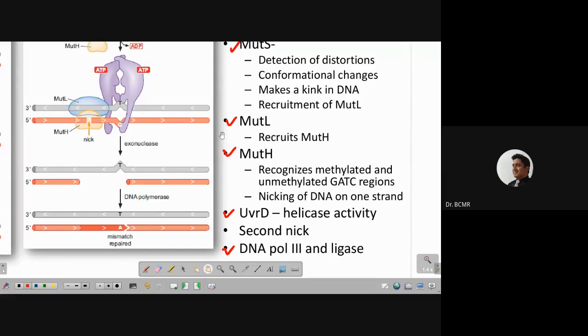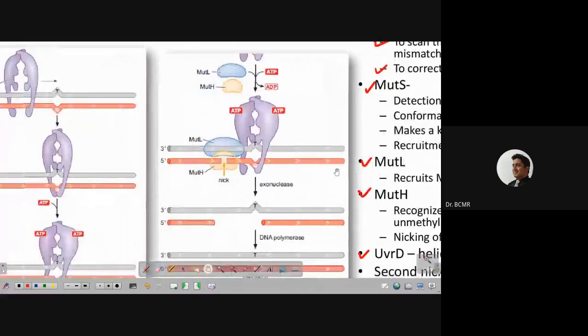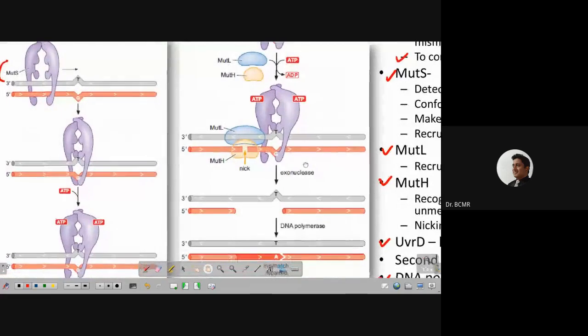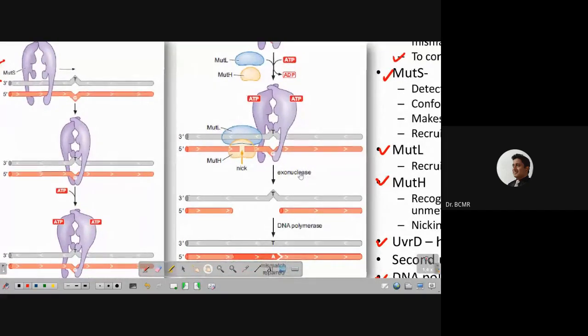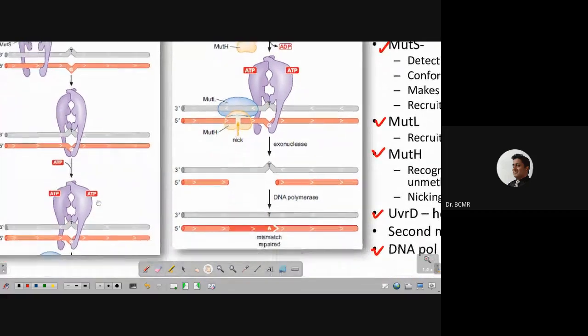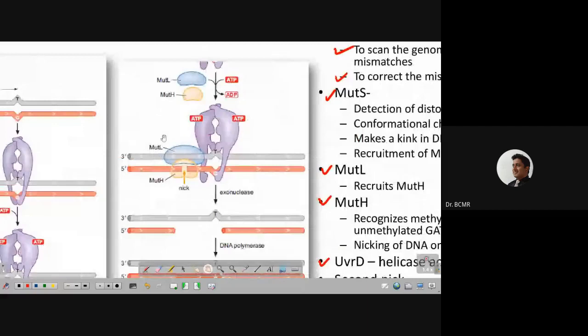Okay, quick review. We will see MutS. The function of MutS is to identify the mismatches. Anywhere there are mismatches, there is a conformational change in MutS. There is a binding of ATP, and then there is loading of MutL and MutH. MutL's function is to load MutH.